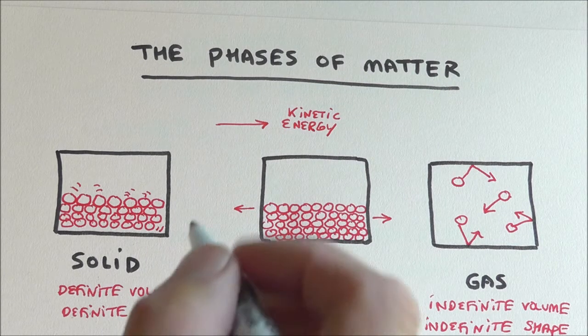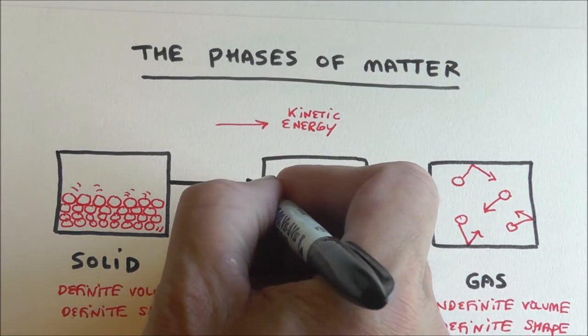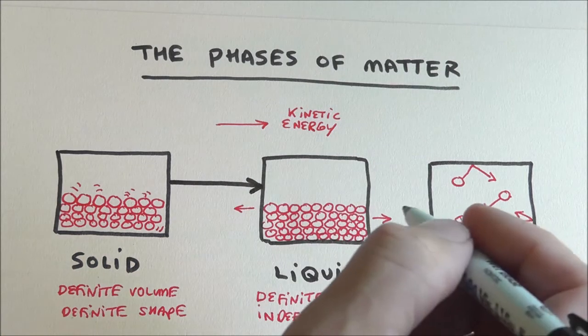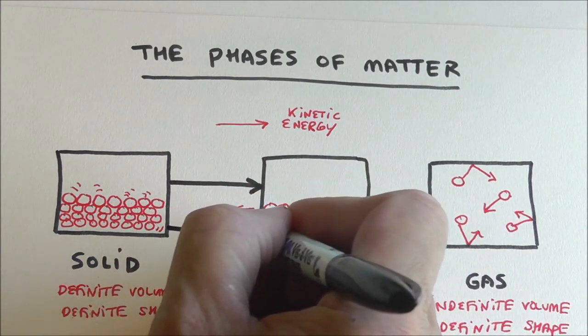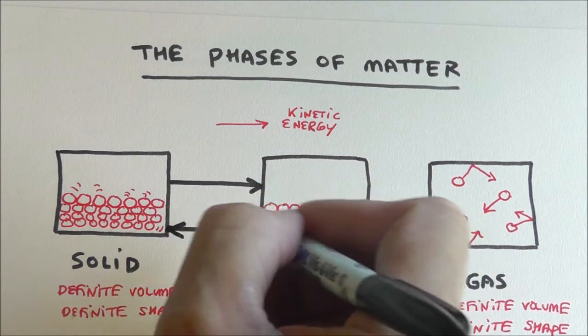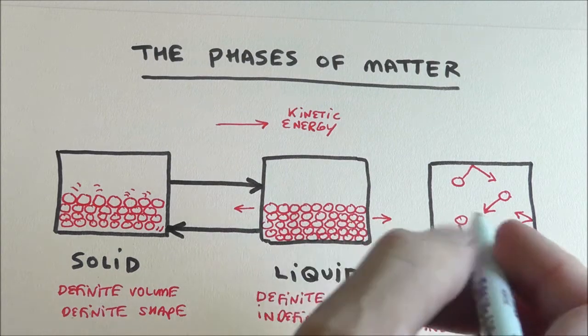And so if I make big old arrows here, you can go back and forth. If I take an ice cube out of the freezer, it'll take the energy of the room, and it will melt and become a liquid. You could also put it back in the freezer, take energy out of it, and it will become a solid as it freezes.